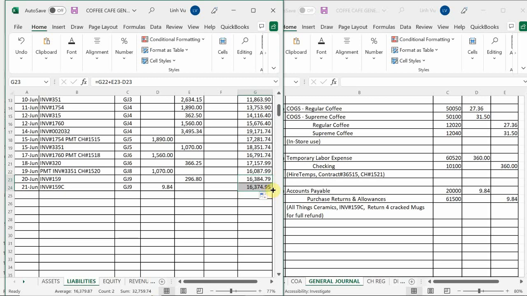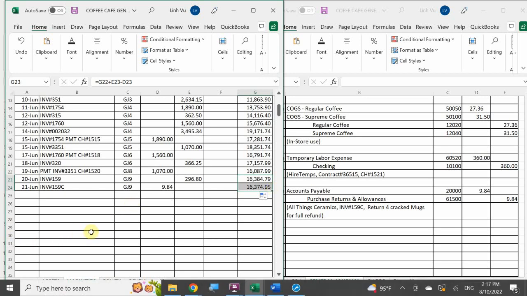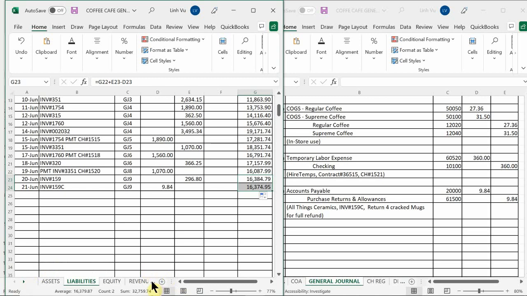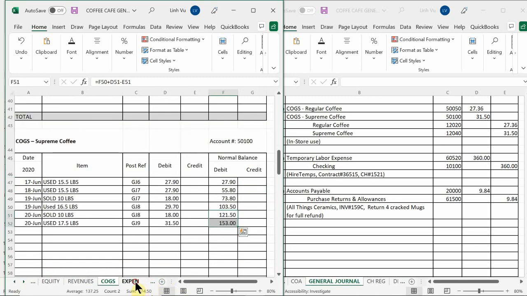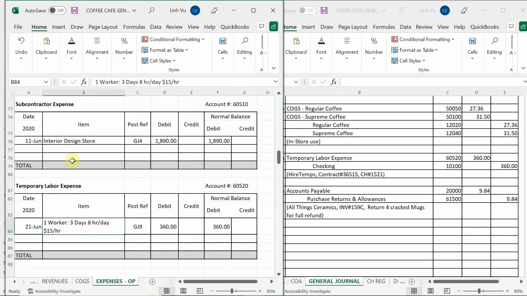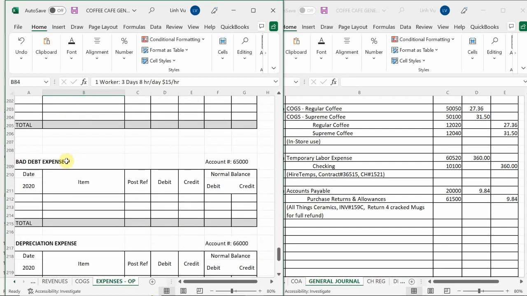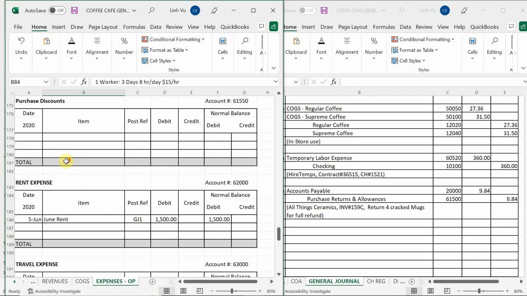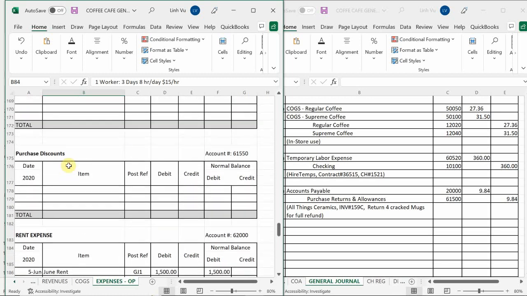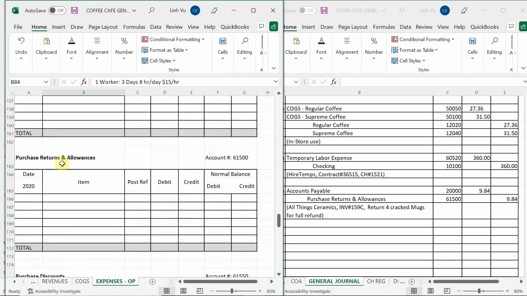Okay. And then we go to expenses. Expenses, good, because we dealt with the contra account. And to the purchase returns and allowances. Okay, here you go. Purchase returns and allowances, 621.